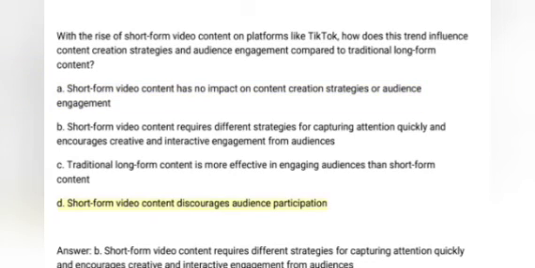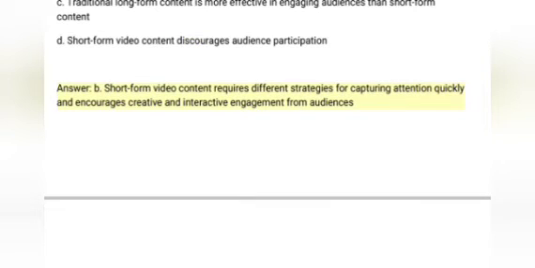C. Traditional long-form content is more effective in engaging audiences than short-form content. D. Short-form video content discourages audience participation. Answer. B. Short-form video content requires different strategies for capturing attention quickly and encourages creative and interactive engagement from audiences.